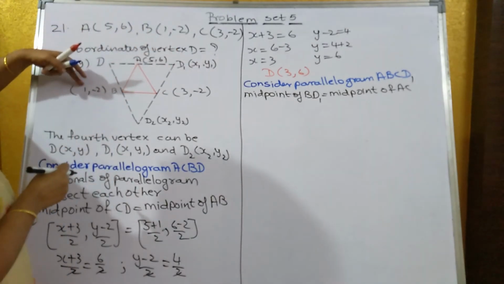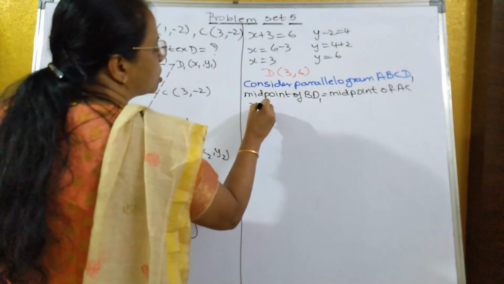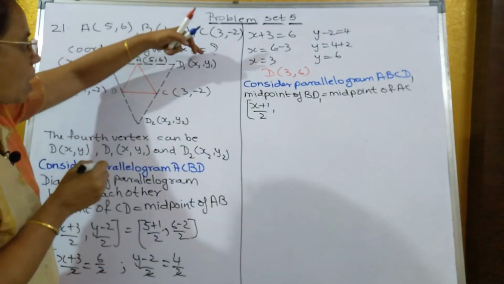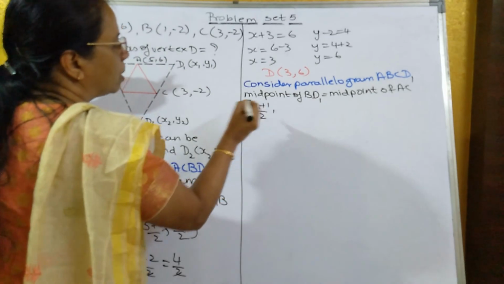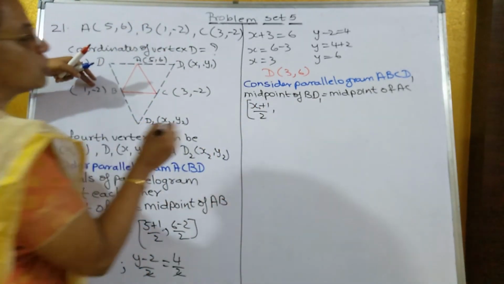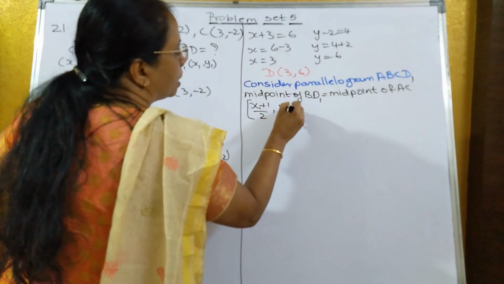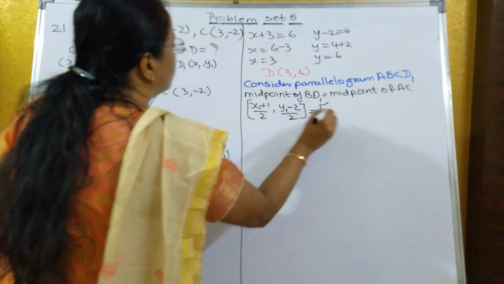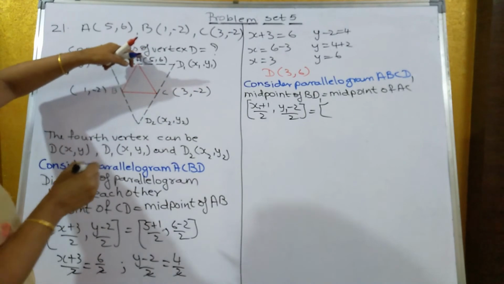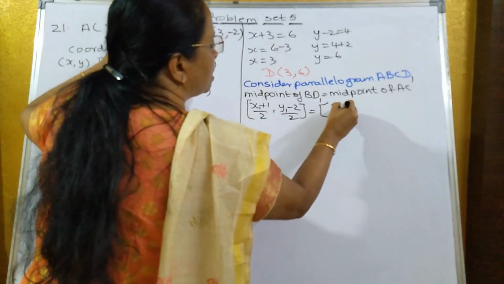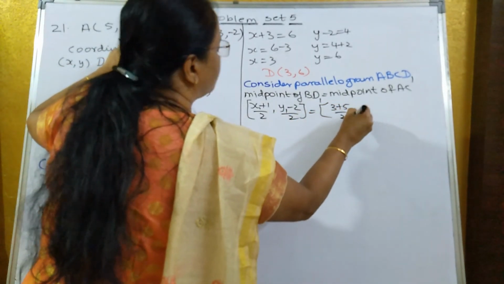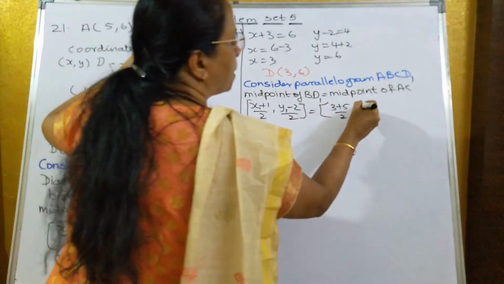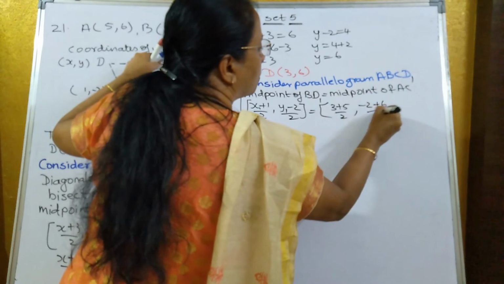x1 plus 1 upon 2 and y1 minus 2 upon 2 should be equal to 3 plus 5 upon 2 and minus 2 plus 6 upon 2.